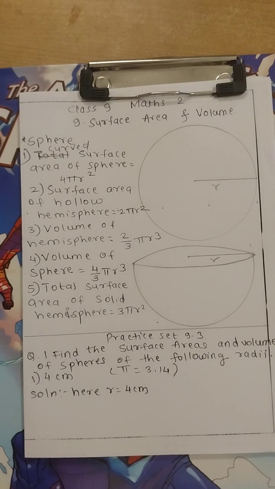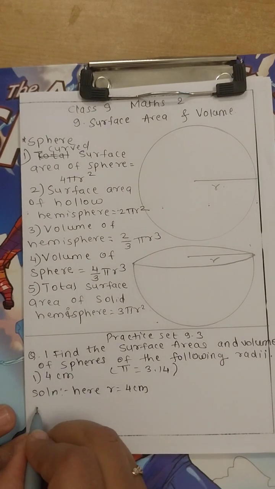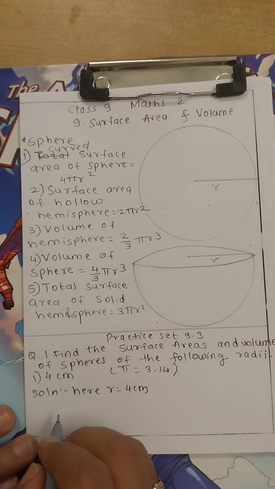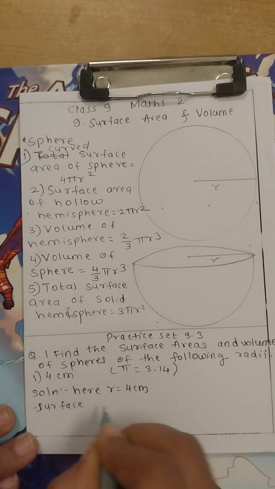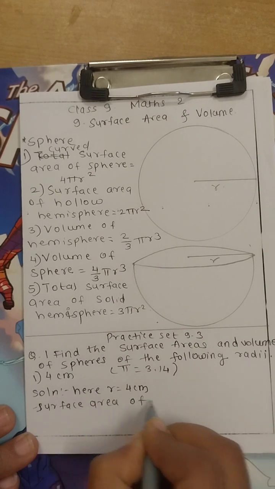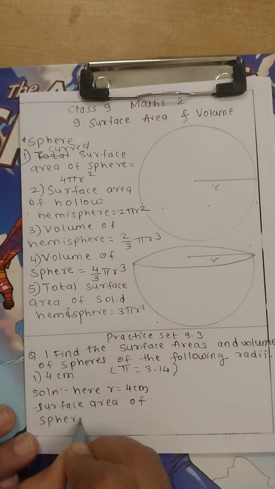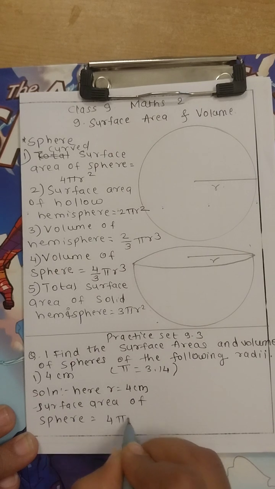How to solve? First we have to apply the formula. Surface area of a sphere is equal to 4 pi r square.